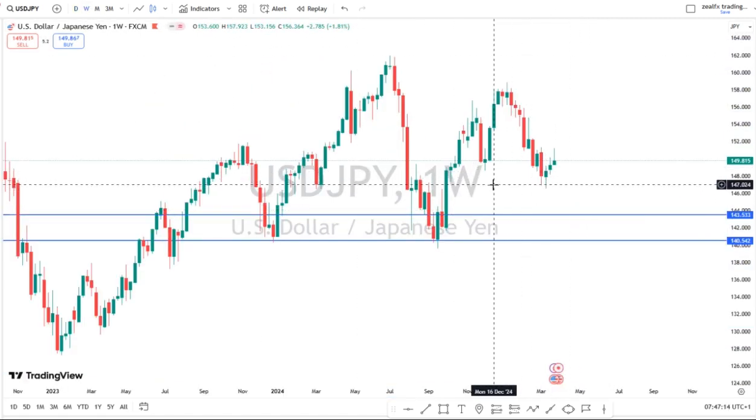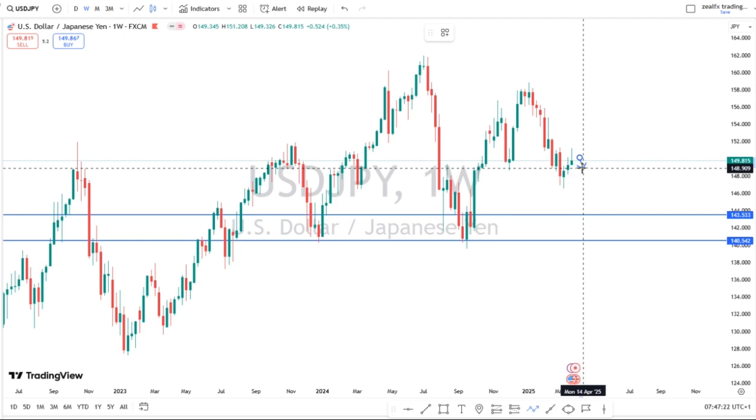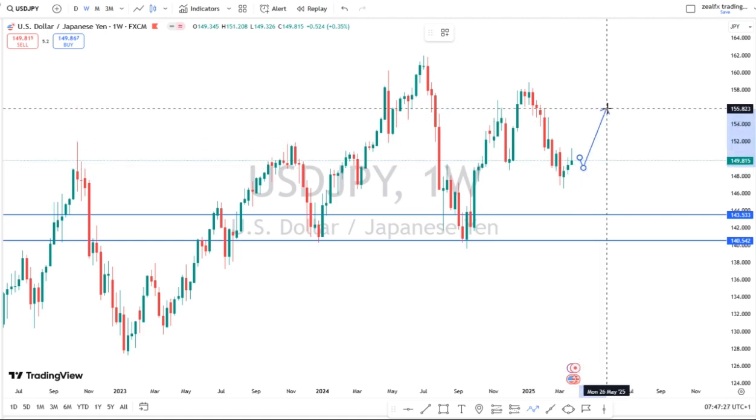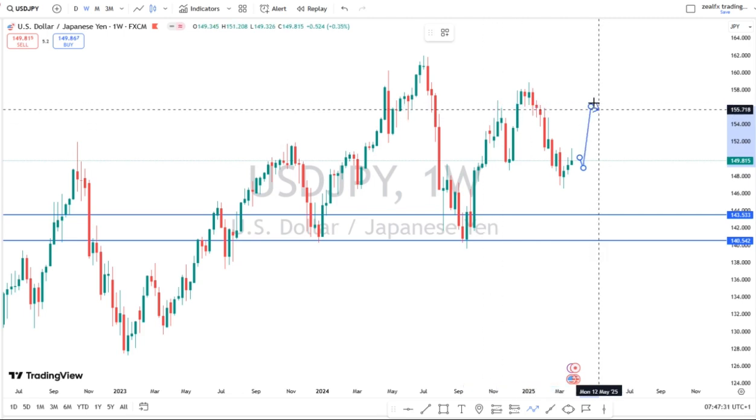On my weekly chart, price closed on the resistance level. So long as price closed on the resistance level, we expect price to come lower, a break of this level for us to see a further move on the USDJPY. But if price fails to break this level, we might see price pushing higher for the USDJPY to this next resistance level.